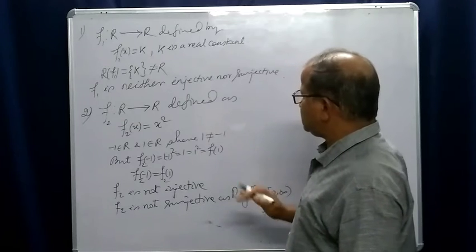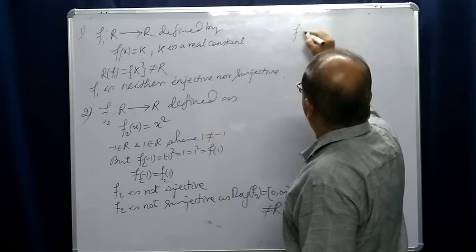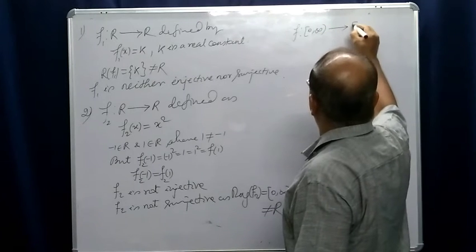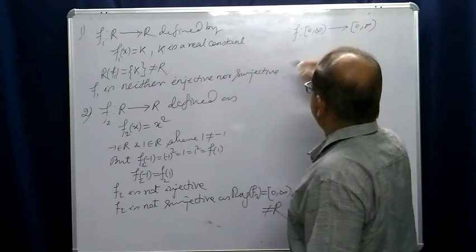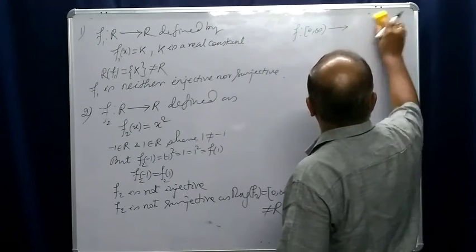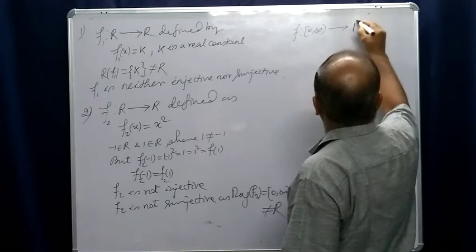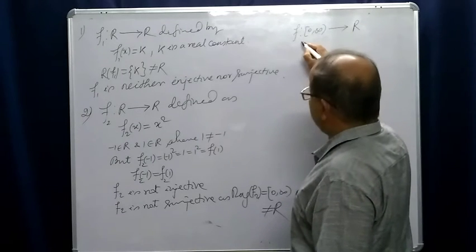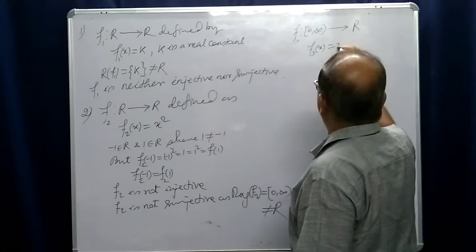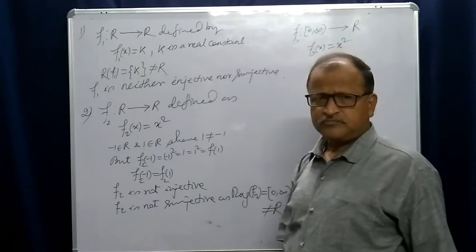Suppose I restrict the domain to 0 to infinity and take the codomain as R, right? Then f3(x) is equal to x square.